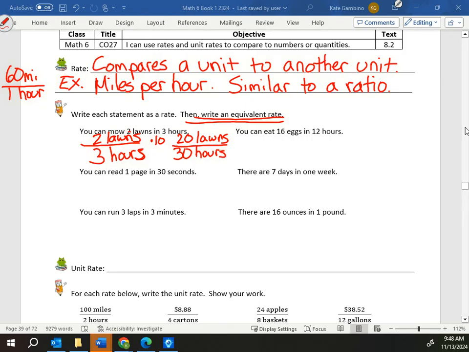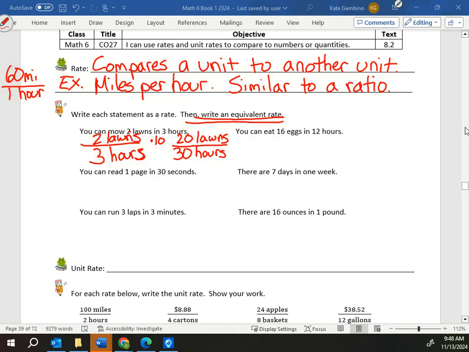Does it have to be by 10? No. When it comes to those equivalent rates, equivalent fractions, you get to choose what you're multiplying by. My mind usually goes to multiply by 2. I like to multiply by 2 because I know my multiples of 2 so well. Multiplying by 10, just have to put that 0 on the end. Okay, go with what works for you.